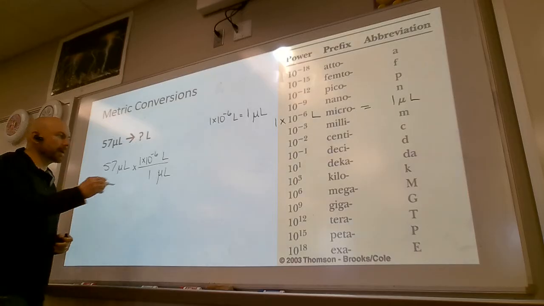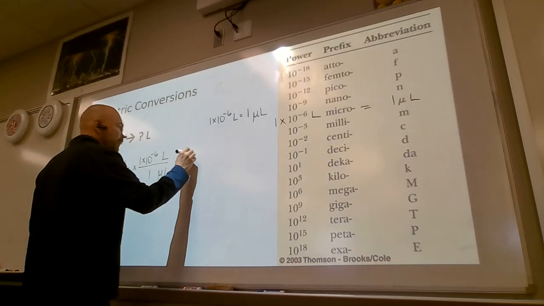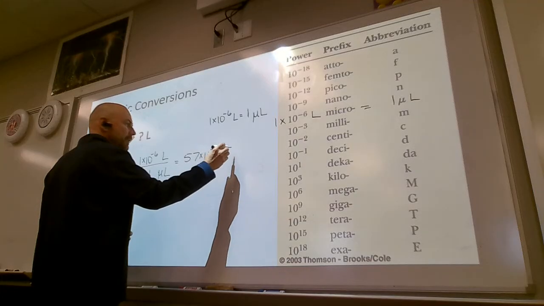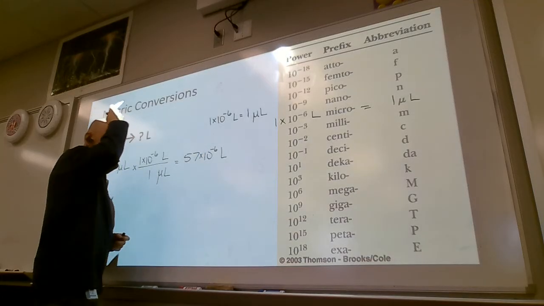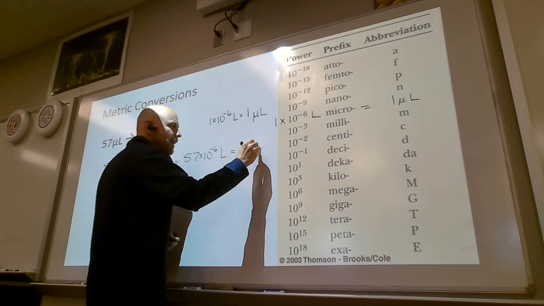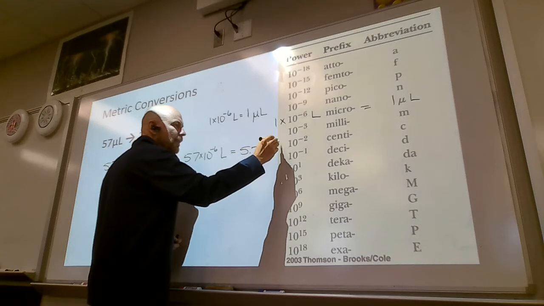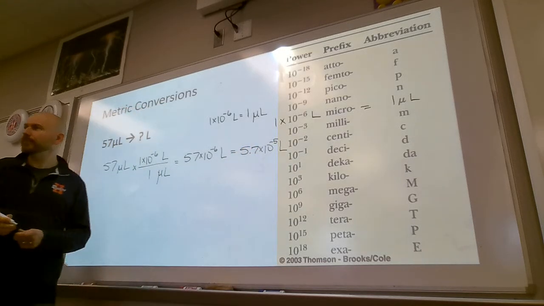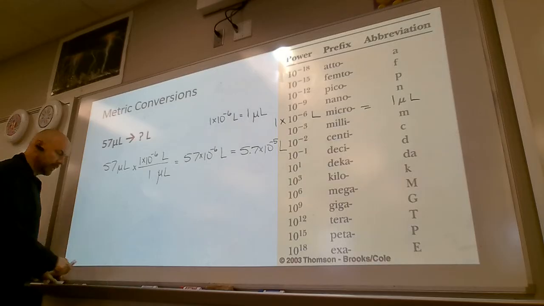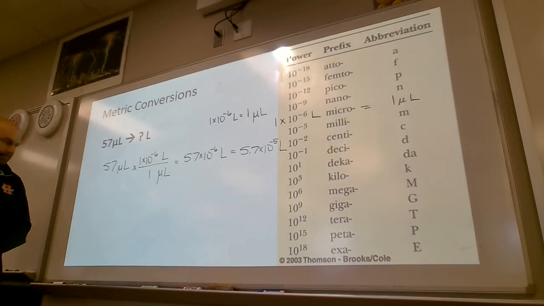We multiply that, and we end up with 57 times 10 to the negative 6 liters. That's not correct scientific notation. That would be 5.7 times 10 to the negative 5th liters. Is that number bigger or smaller than 57? Smaller. Okay, good.